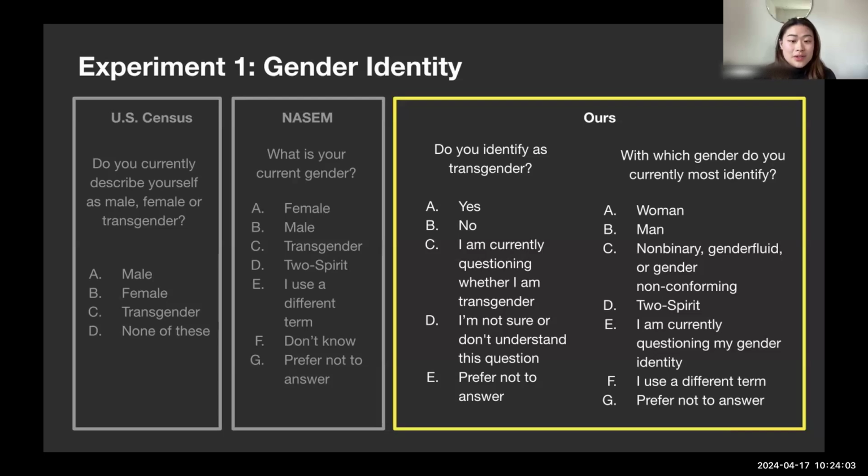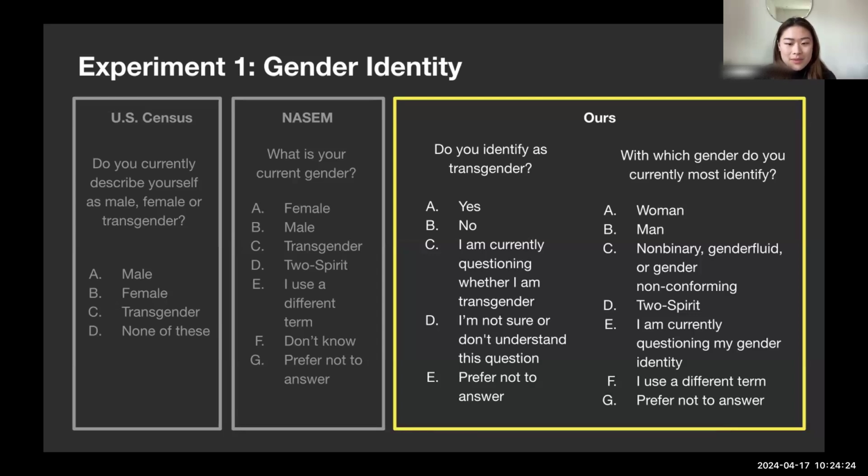Also importantly, we use woman and man as response options, which aligns more with language that people use to describe themselves. It's more common to hear someone describe themselves as a woman and not a female, because male and female are sex options, not really gender. It is important to differentiate these terms so that respondents understand that we are measuring two different constructs.